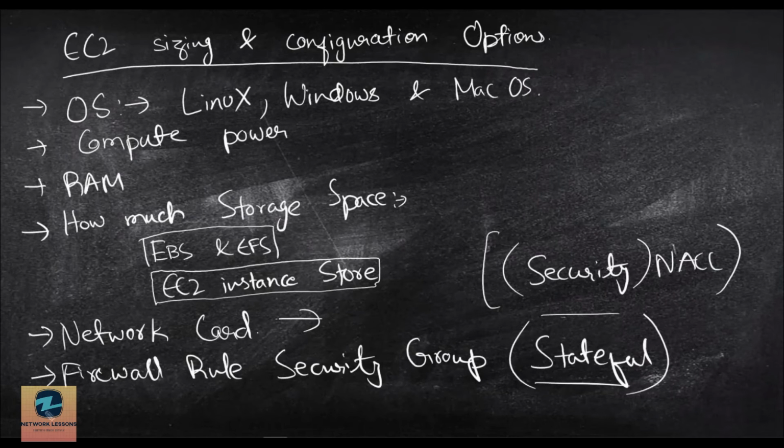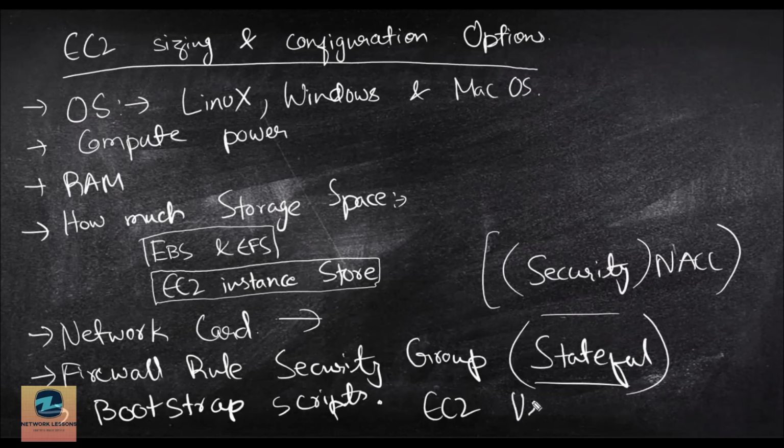And also, last but not the least, there is also a bootstrap option that you can do, and configure some scripts so that when the instance boots up for the first time, if you want to enable some service or install some updates, you can do that, which is called EC2 user data. We will see this as well in the demo when we spin up the EC2 instance.